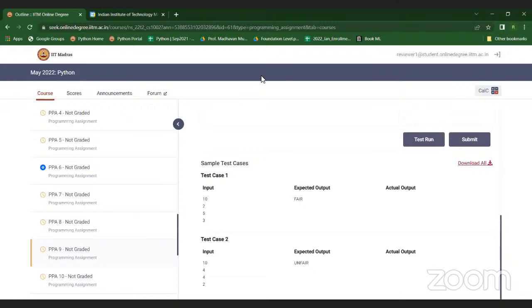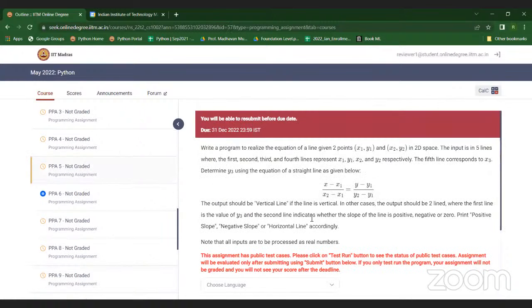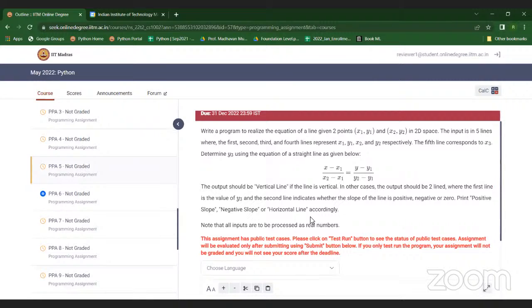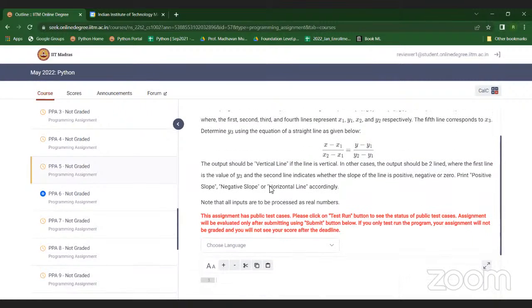Okay, I'll answer your question. So others, please try to solve this problem. Yes, sir, PPA 5 only. This one, right? I was absent when you were discussing this. Did you try this or no? Yes, sir. Shall I share my screen for that, sir? Yeah, please.